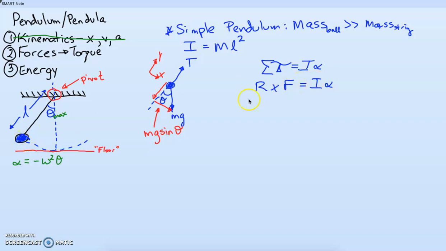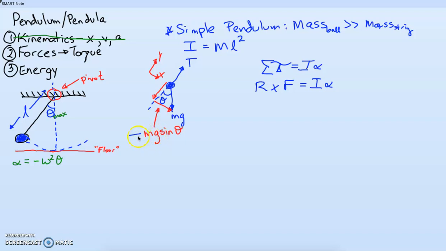Now the force is going to be this mg sine theta. Tension points along the string, so there's no crossing going on there. And mg cosine theta also points along the string, so there's no crossing going on there. So mg sine theta is the part of the force that is perpendicular, and we need to add in a detail here, the fact that it drags it back towards equilibrium.